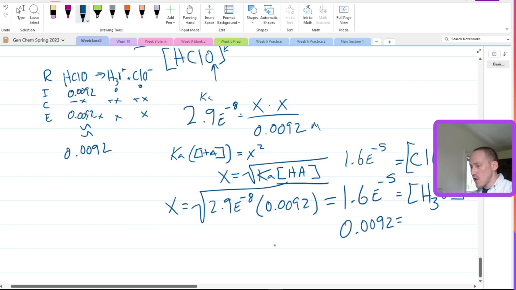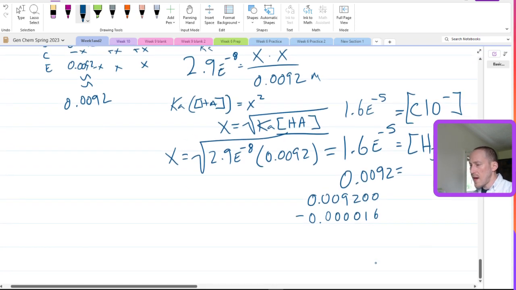Now, if we did subtract, we could say that it lost that 1.6 times 10 to the minus fifth. So that equals, this one I guess is cutting it closer than some, but really not. 0.0092.